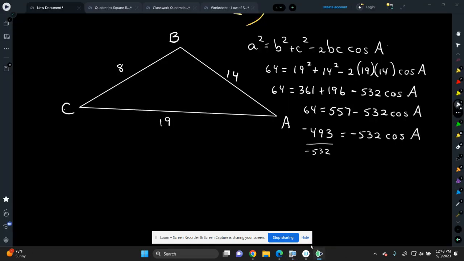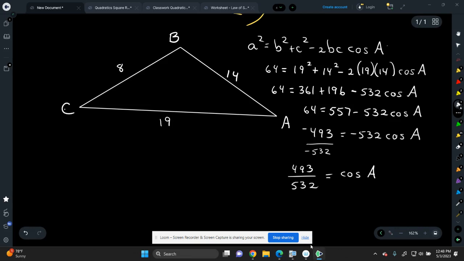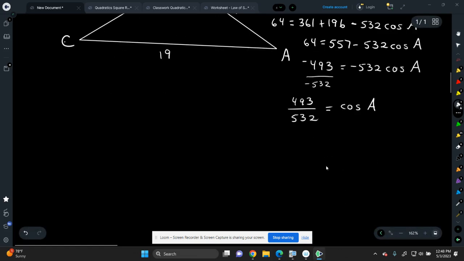Okay, so I've got 493 divided by 532, and that equals cosine of A. So how are we finding angle A? Inverse cosine of 493 divided by 532.